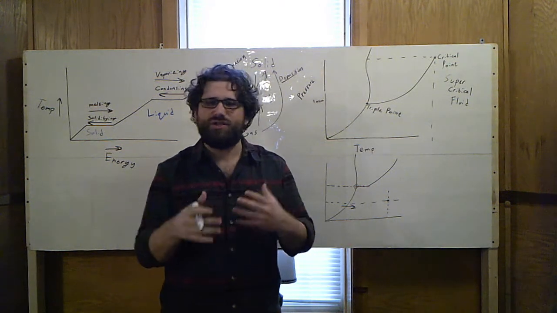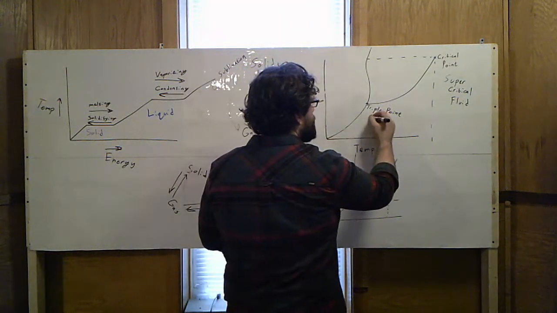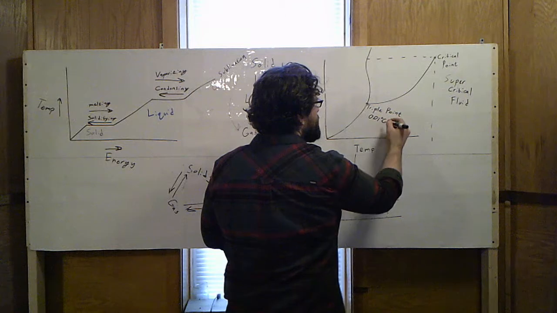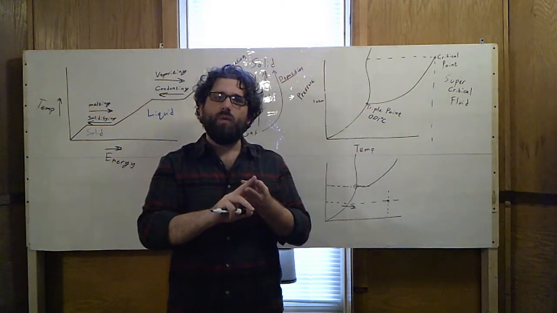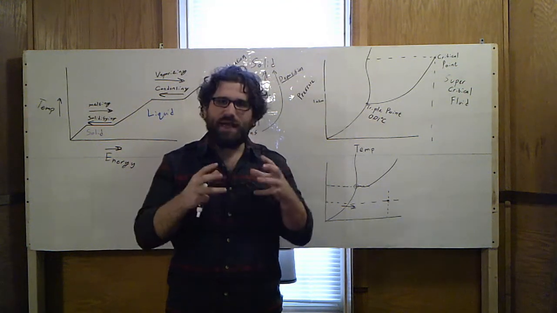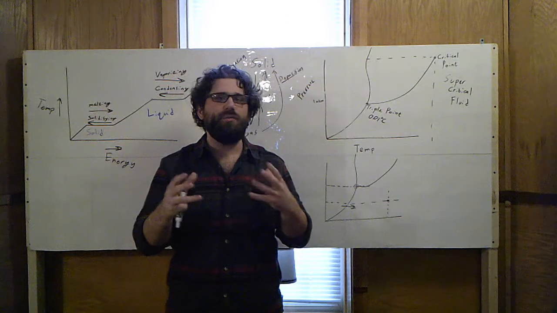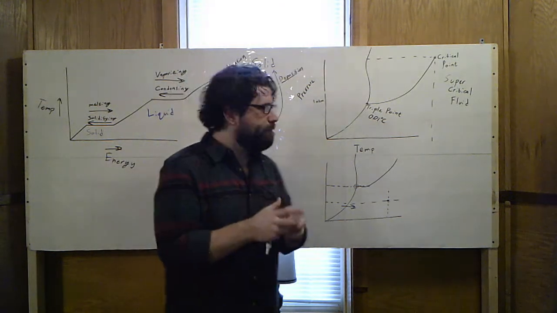They're not trying to transition at all. At this point for water, it's at a temperature of 0.01 degrees Celsius. At that point, you can have steam, liquid water, and ice, solid ice, all together in the same environment, and none of them will be changing into any other form. They'll all stay that way.